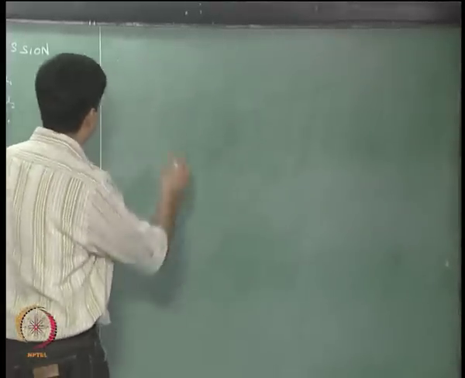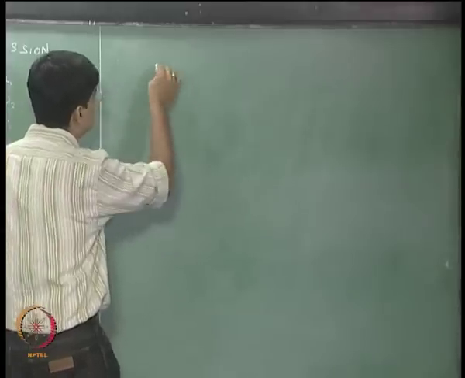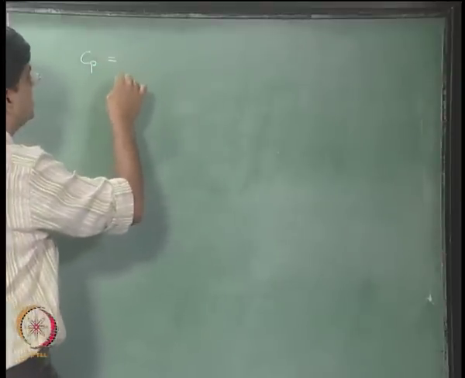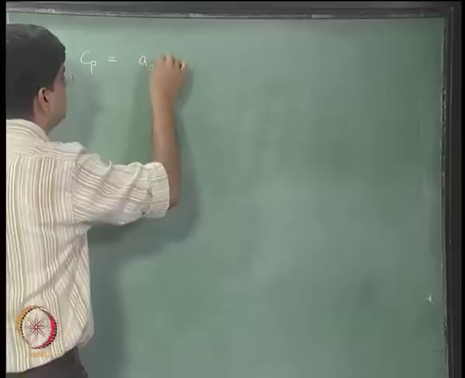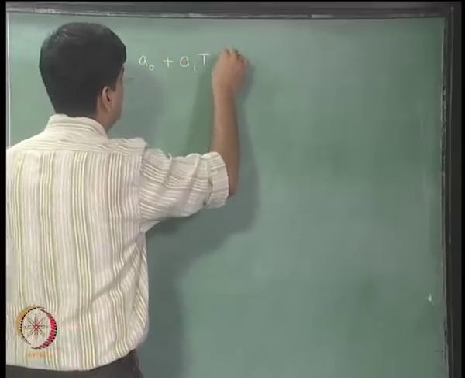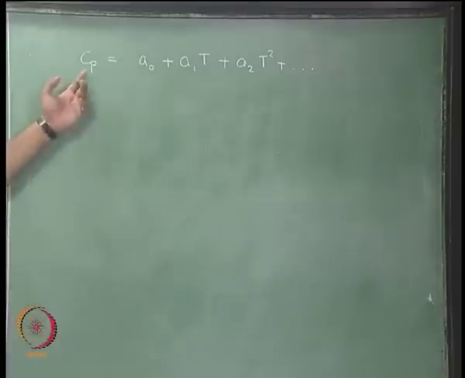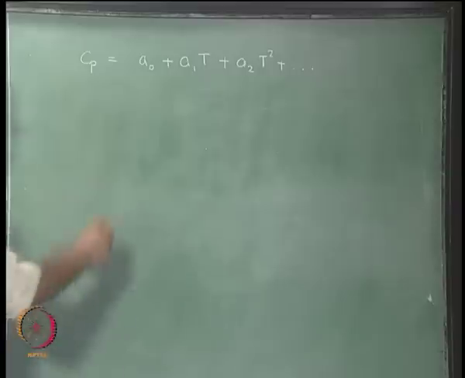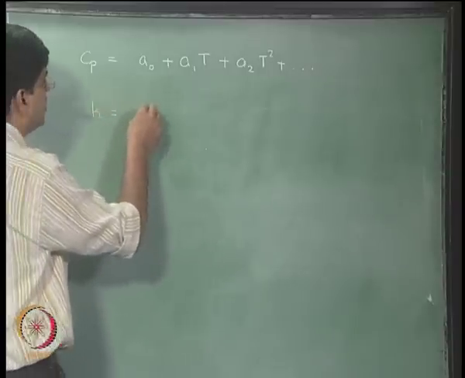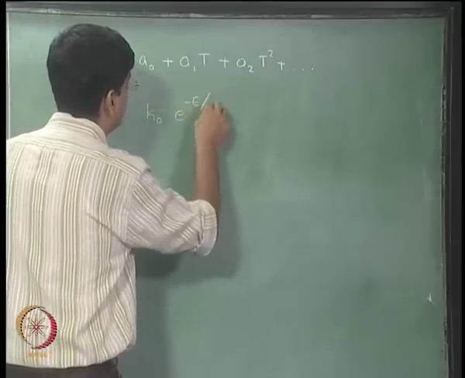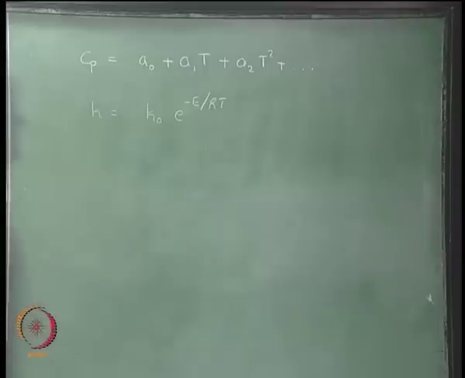An example of that, as we saw earlier in the first lecture of this module, was the specific heat can be written as some A0 plus A1T plus A2T squared plus so on. That is one example. The other example we had seen earlier is, what if the rate of reaction is written as K0 times e to the power minus E by RT, how we can convert it into linear case.